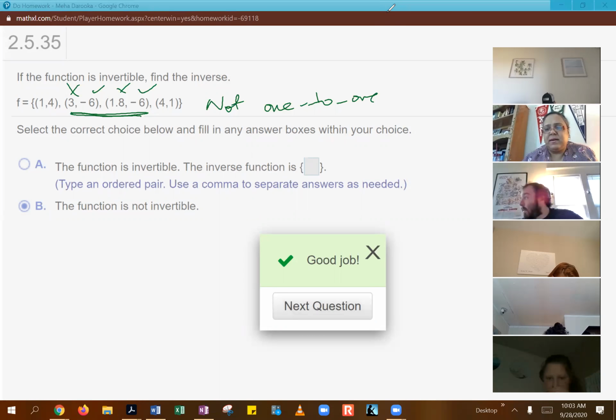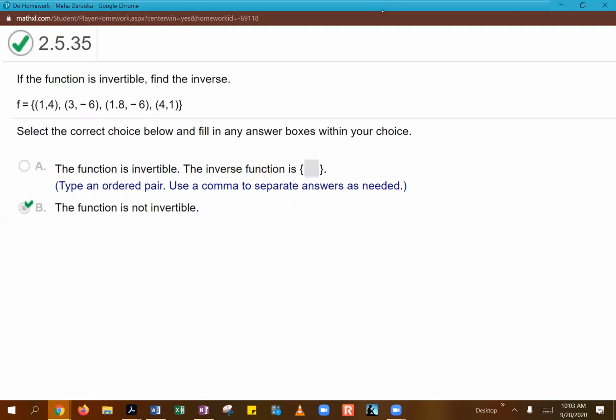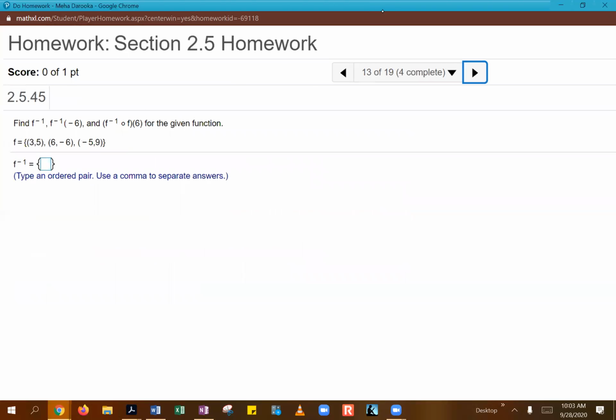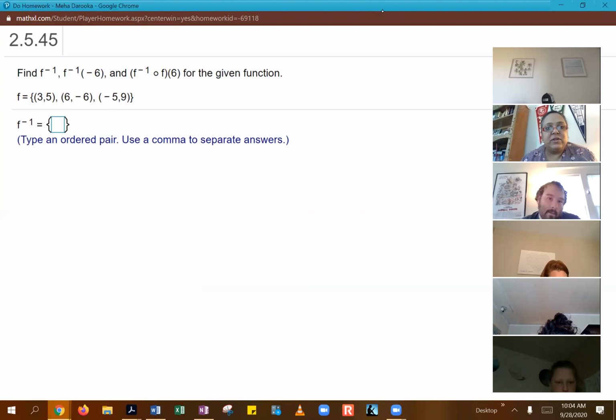Everybody okay with that? Okay. Again, look at the ordered pairs. For the same y, do we have two different x values?